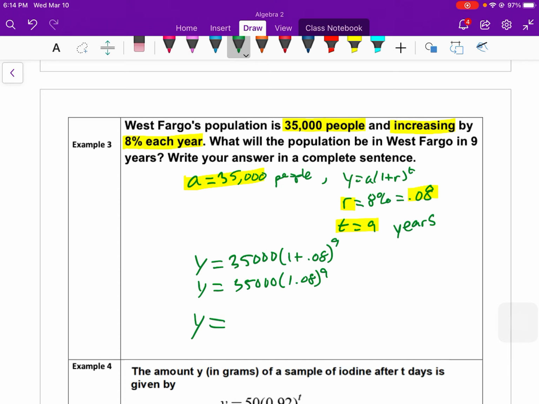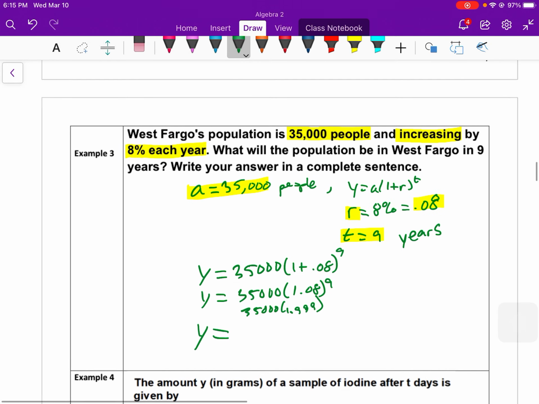Let's see. So that's 35,000 times 1.999. Then that product is 69,965 with a decimal. But since it's in terms of people, we're going to want to round it to the nearest person, the nearest whole number. So this would be people here.